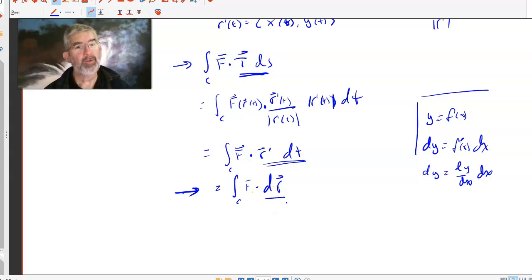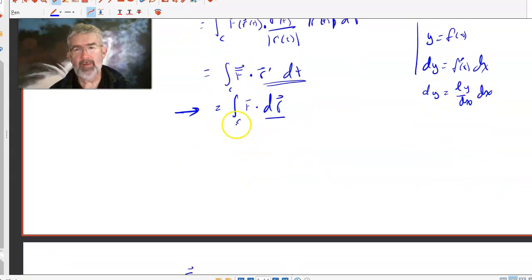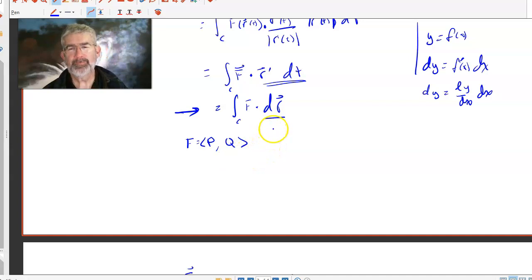Now, there's another way that we view this as well. If you think of f as, let's say, p comma q, where p and q are functions of x and y that give you the first and second components. We could be doing this in R3 as well, and then there'd be a third component, capital R. It's unfortunate because we use lowercase r for the curve and capital R for the third component of the vector field, but anyway.